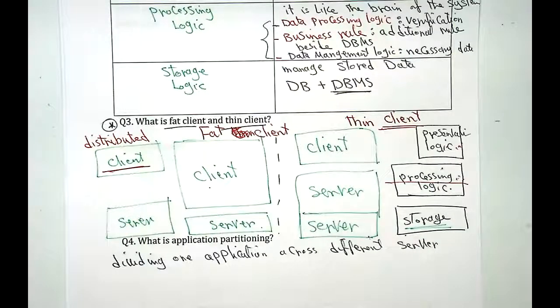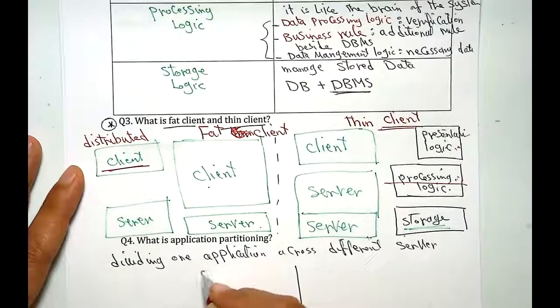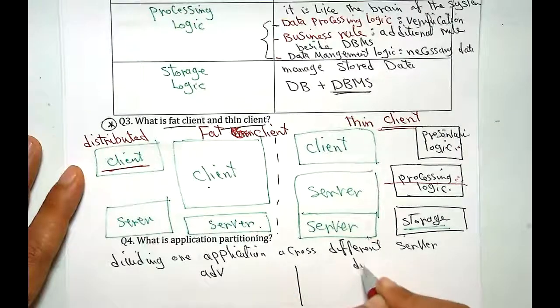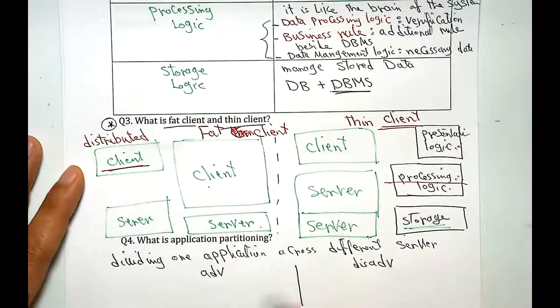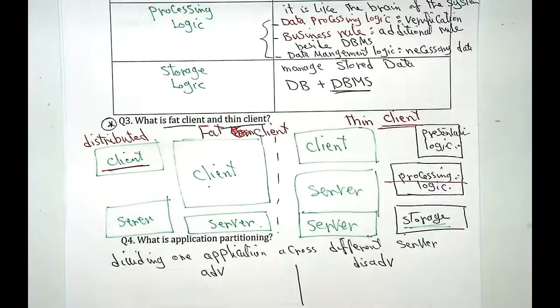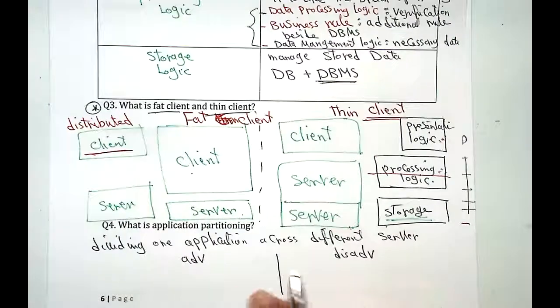Okay? So if I ask you what is the advantage and what is the disadvantage? What is a good point in application partitioning, or dividing one application across different servers? Can anybody come up with something?